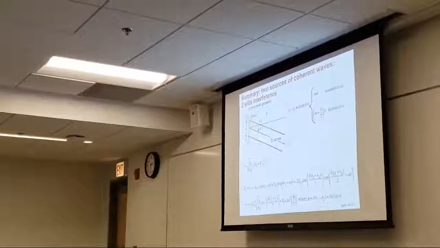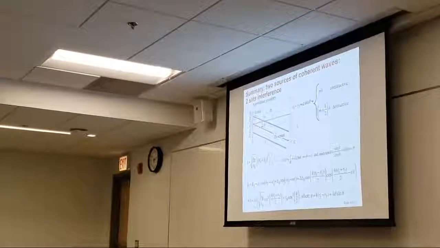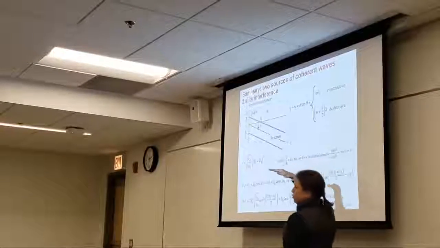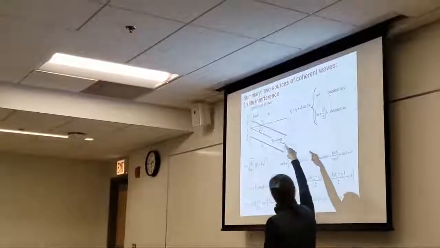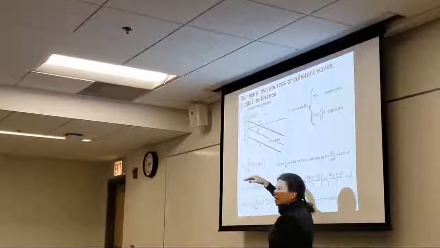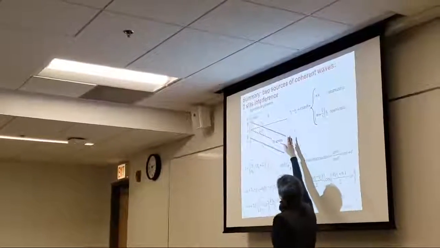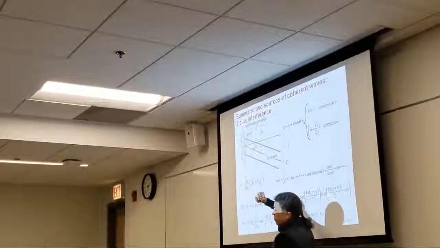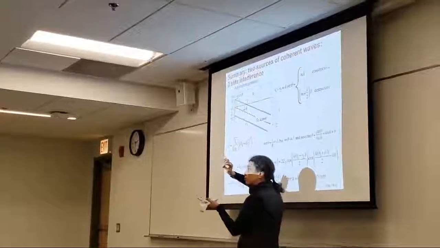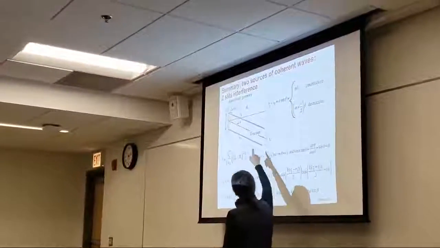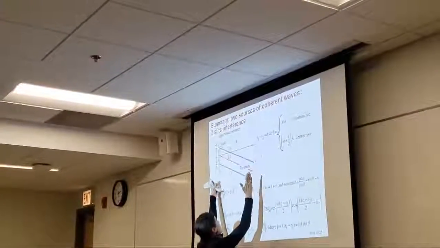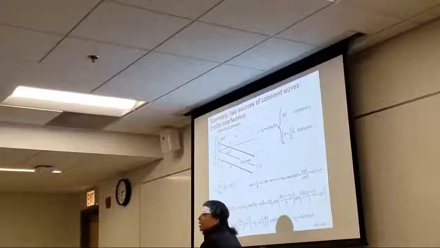Now I'm going to make another approximation. The approximation is that I'm looking at the screen pattern really close to the midpoint of the screen and seeing how those bright spots and dark spots behave as I move along this screen away from the center. So the approximation is that L, the distance away from the center line, down or up, it doesn't matter, relative to how far the slits are from my screen, is super small.